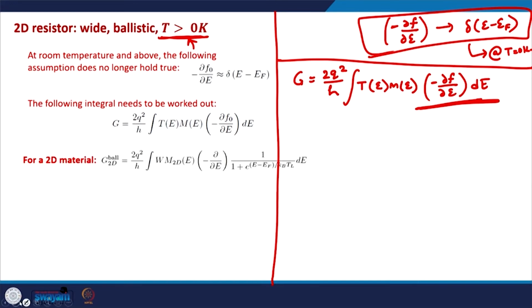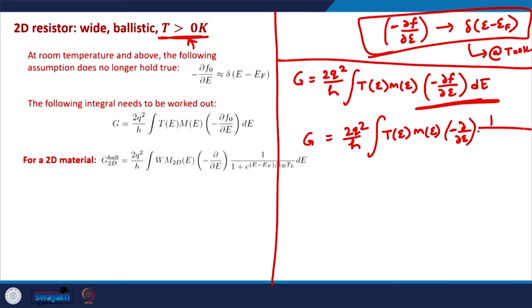So if we put the Fermi function explicitly in this expression, it becomes G is 2q square by h integral of T(E) M(E) minus del by del E of 1 by 1 plus exponential (E minus EF) by kT, integrated over energies.